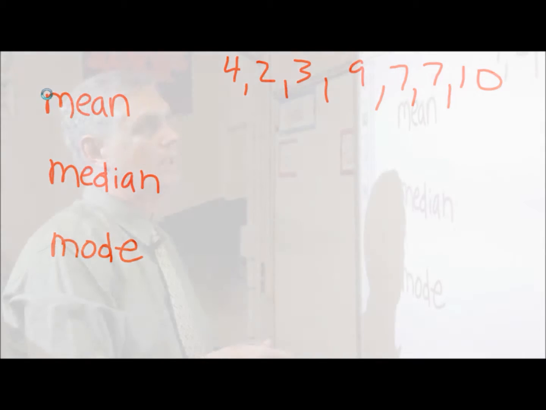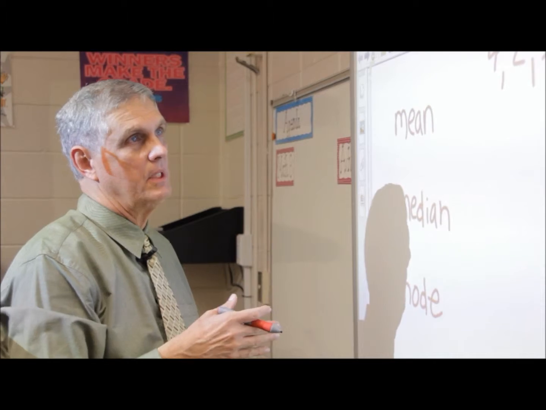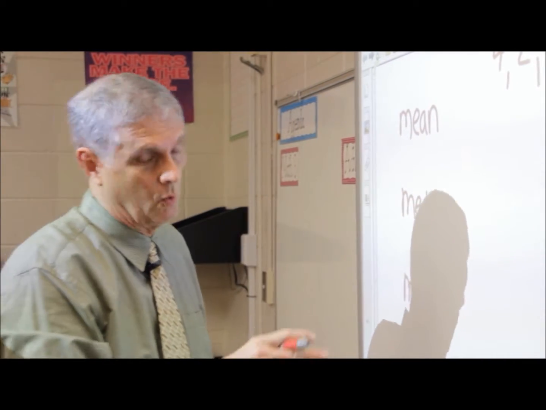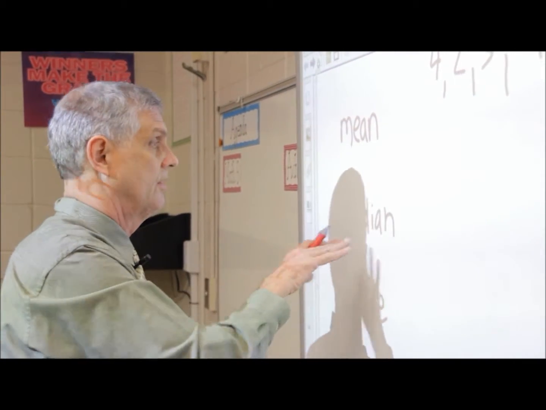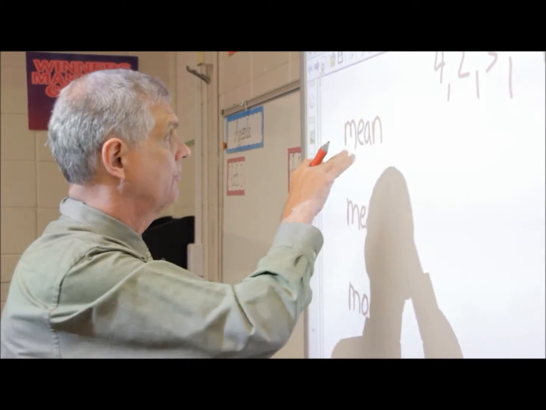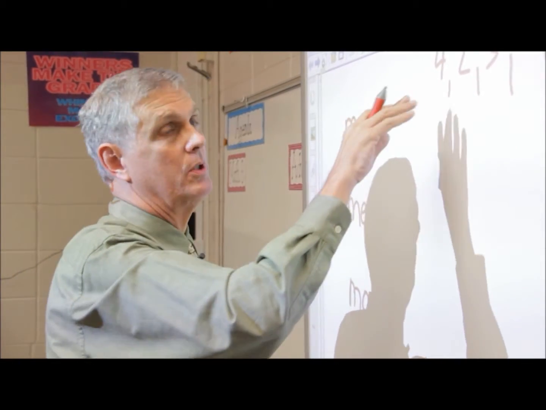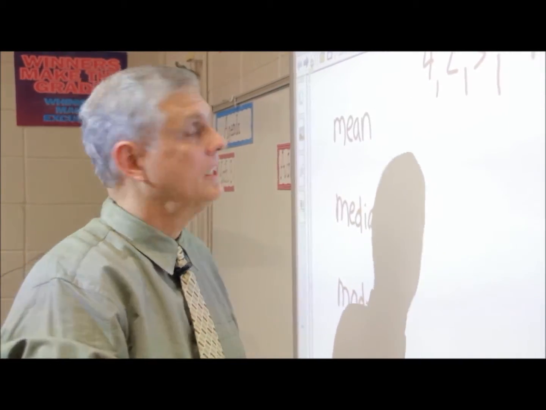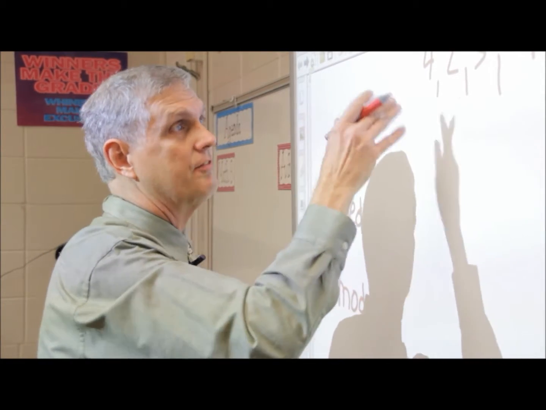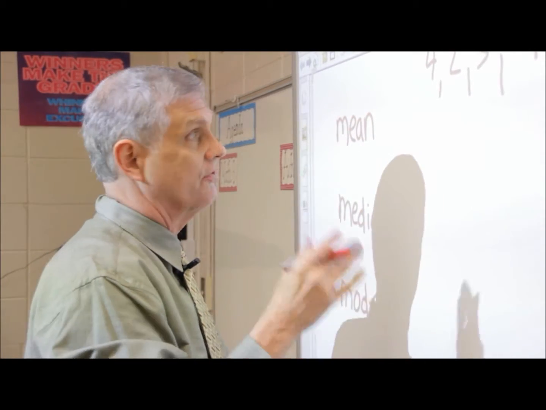And if you want to know what the mean is, when you're doing the mean, you don't have to worry about what order they're in. Now, it's going to be different for median down here, but let's look at mean right now. So all you do is you add all these together, and then you count how many different items you had, and you divide that into it.